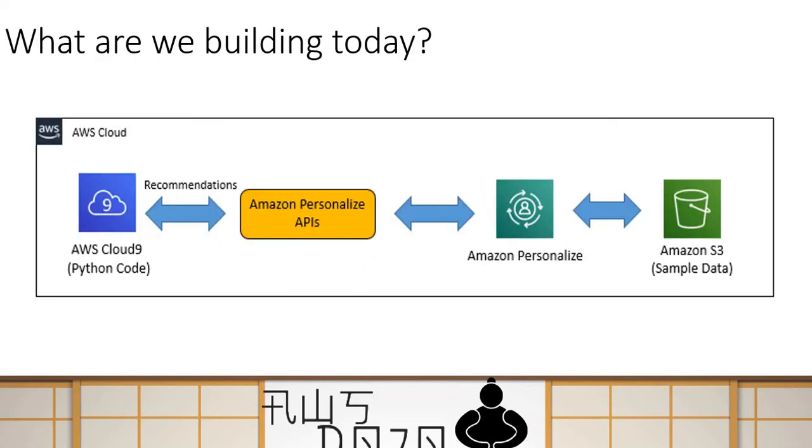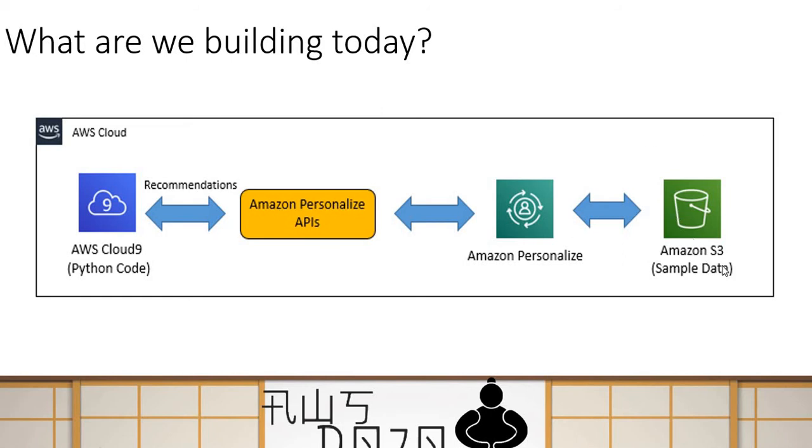Now, keeping all those things in mind, what we are going to do is build a scenario. What we are going to build here is that we have a sample data which talks about users' history of movies watched, and then we are going to use that.